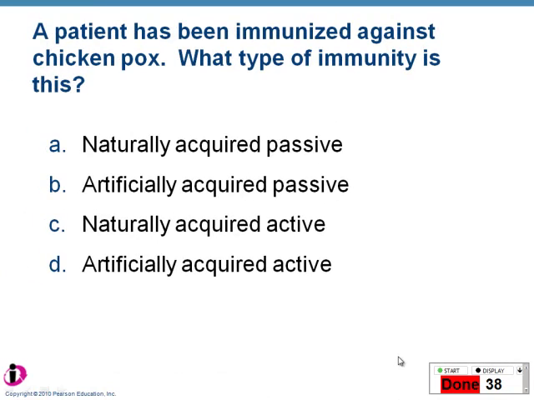What answer? First of all, break it down. Is it natural or is it artificial? It's artificial. I got a shot at the doctor's office, so I can automatically eliminate A and C. Now I get a 50-50 chance of guessing it right. Is it passive, like nobody in an immune response did anything? No, it's active. It causes all of these cells to band together and do its happy stuff. So now what's the answer? D. The answer is D.